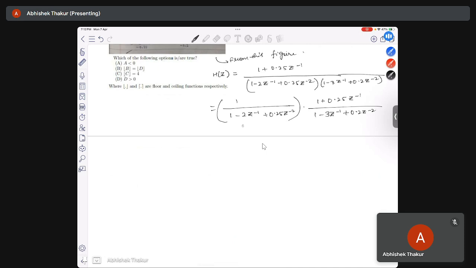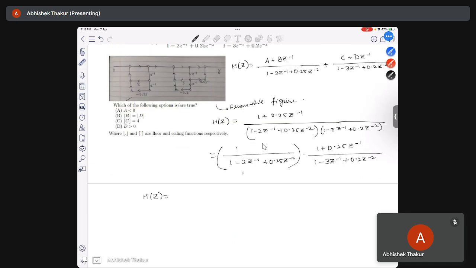Now coming from this, H of z is equal to, now we will substitute all the values. Here it is given in the plus form, and in this it is given as a multiplication form.